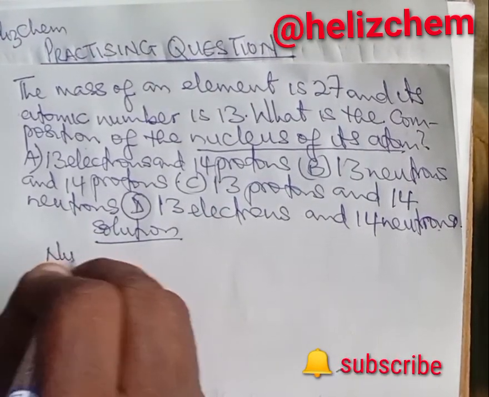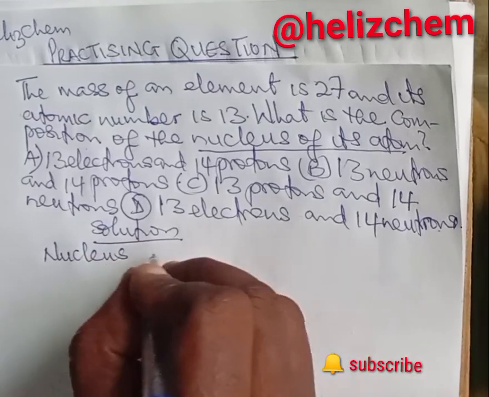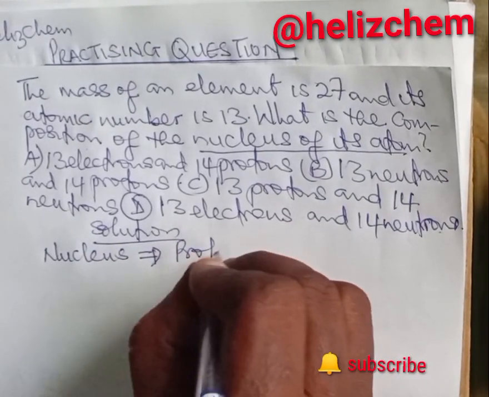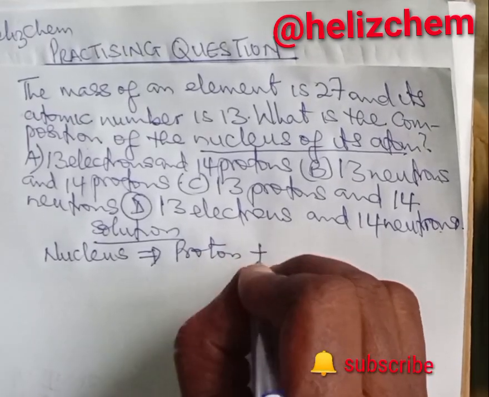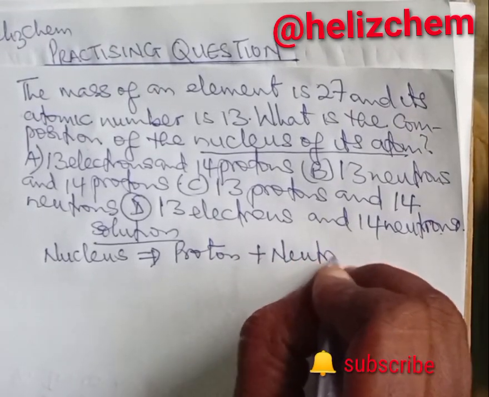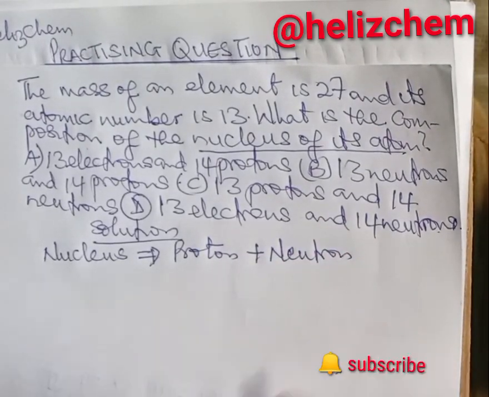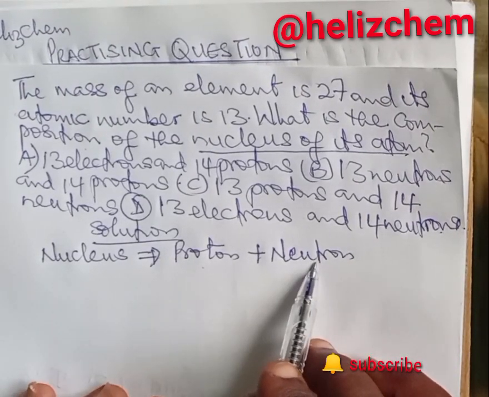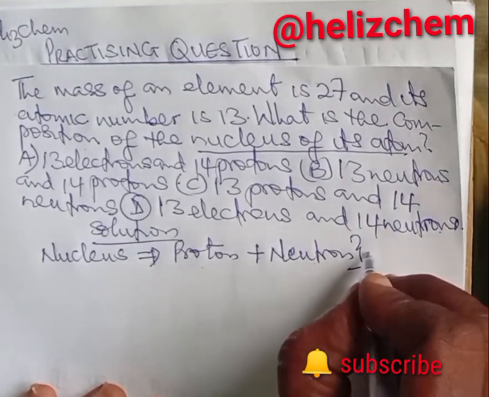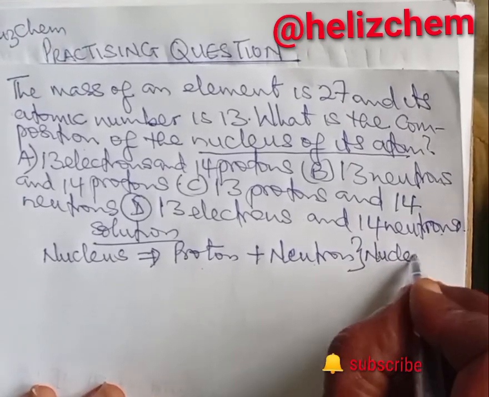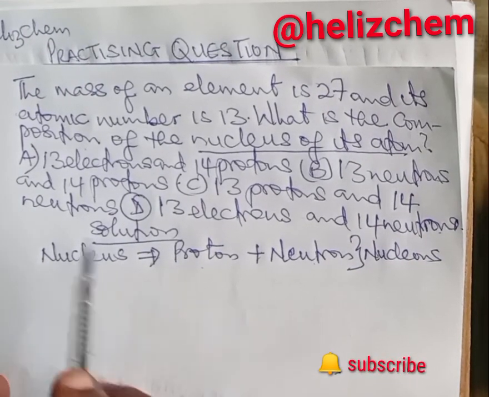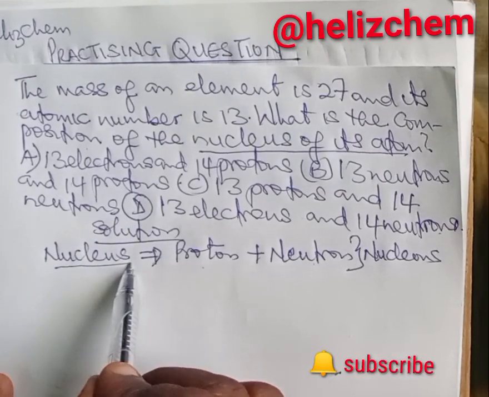In the nucleus, there are two particles, and that is proton plus neutron. Proton and neutron. These two particles are collectively known as nucleons because they are present in the nucleus.